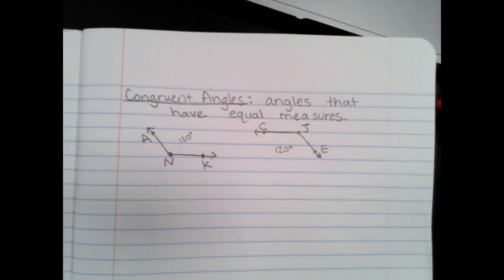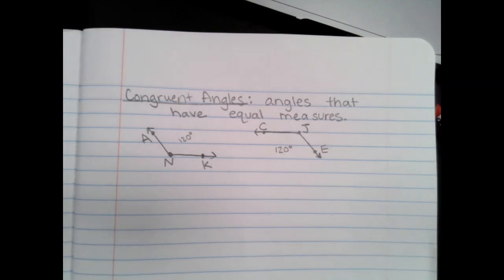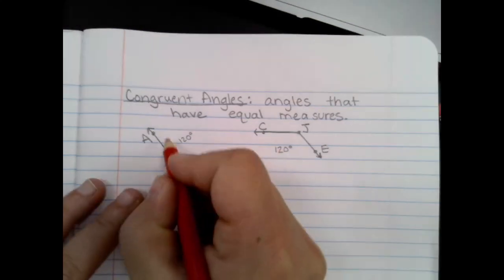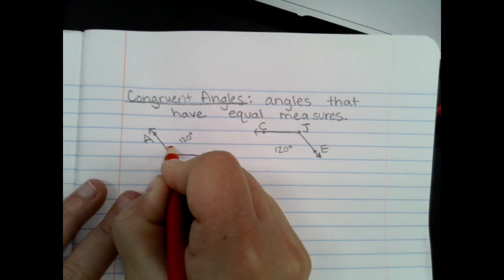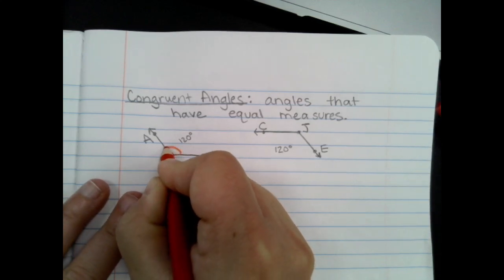So to show that they have the same measurement, if we don't see that 120 there, another way to do that is by using a symbol. When we did segments, remember we used those tick marks to show matching. With angles, we use these little arcs, or some people call them swoops. We do a little swoop in the corner here.